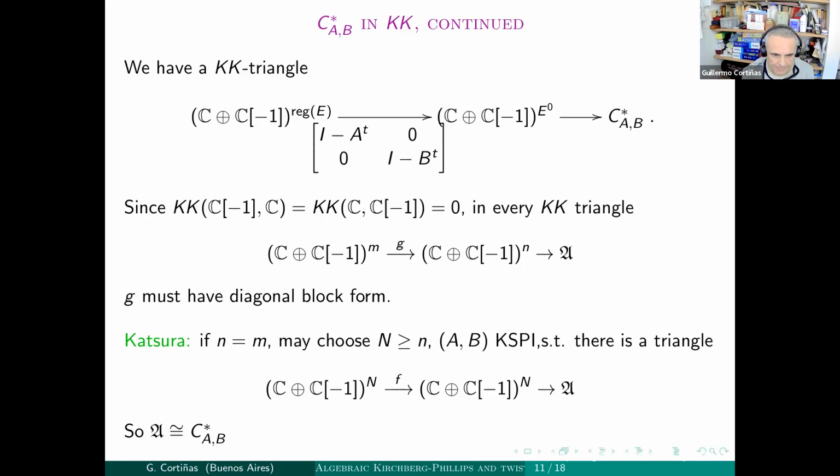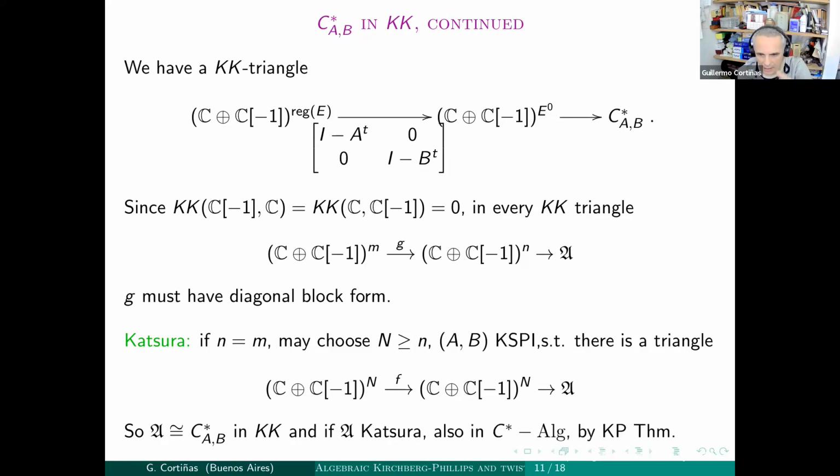And okay, so if A is Kirchberg, it should say. If A is a Kirchberg algebra, and since C star AB is also a Kirchberg algebra, and they are isomorphic in KK, then the K groups are isomorphic, and therefore by the Kirchberg-Phillips theorem, they are also isomorphic as C star algebras.